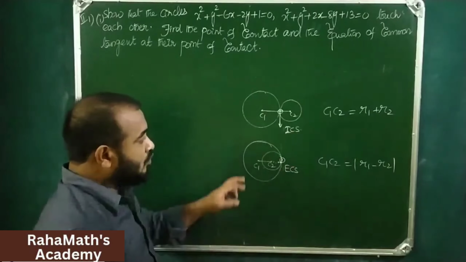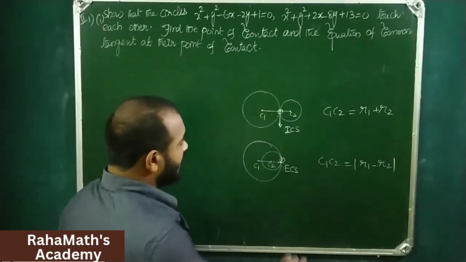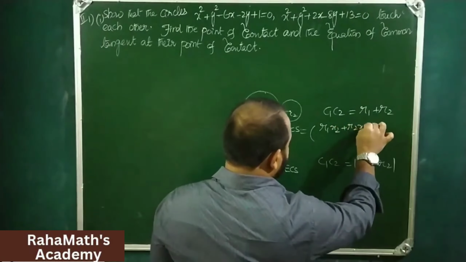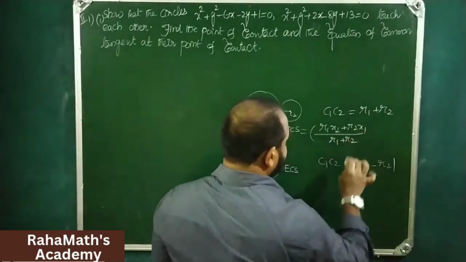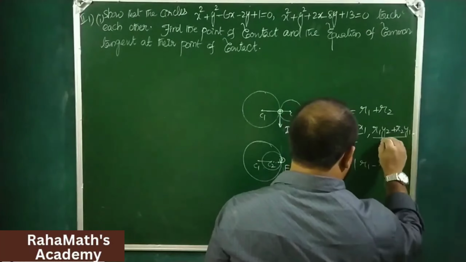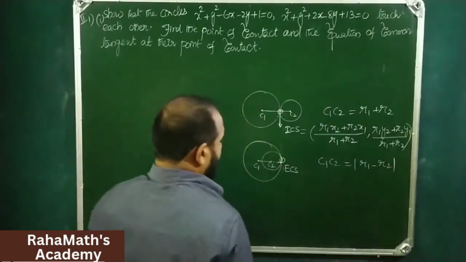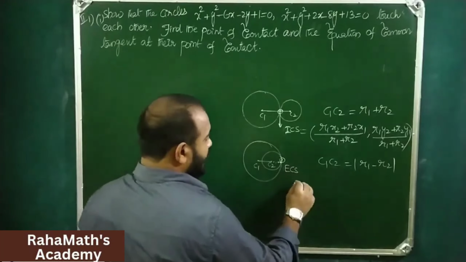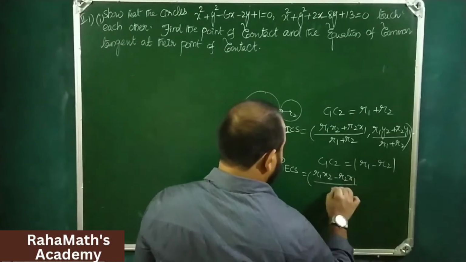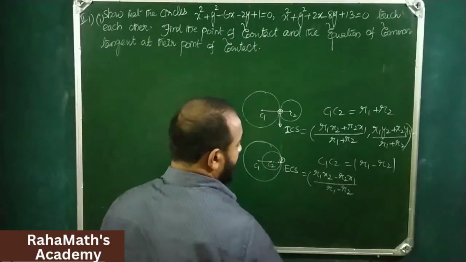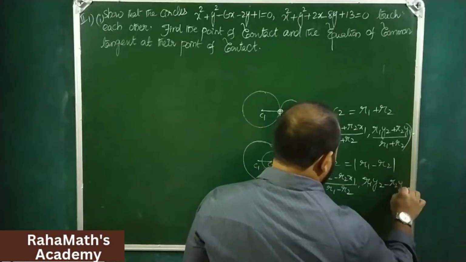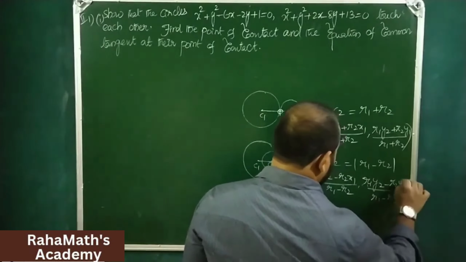If the two circles touch each other like this, then internal center of similitude is (R1 x2 plus R2 x1) by (R1 plus R2), and (R1 y2 plus R2 y1) by (R1 plus R2). In this condition, external center of similitude is (R1 x2 minus R2 x1) by (R1 minus R2), comma (R1 y2 minus R2 y1) by (R1 minus R2).